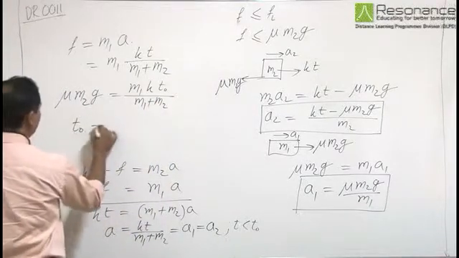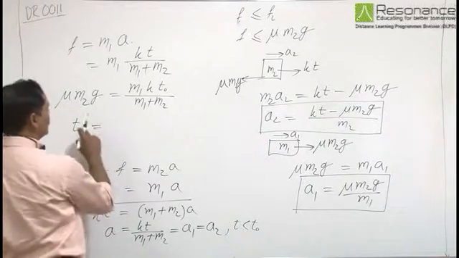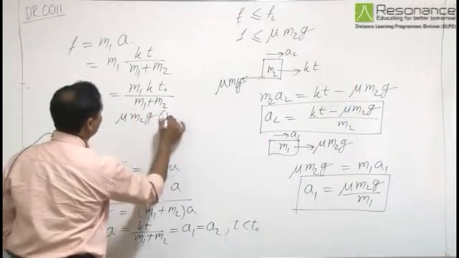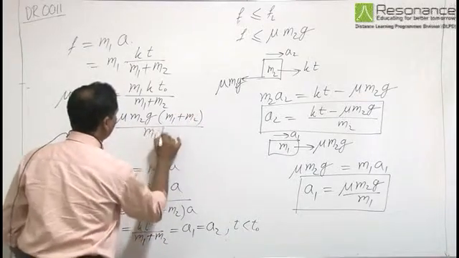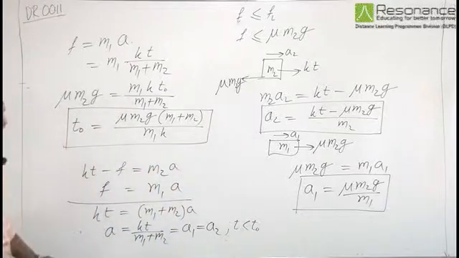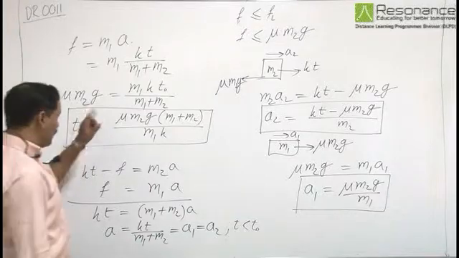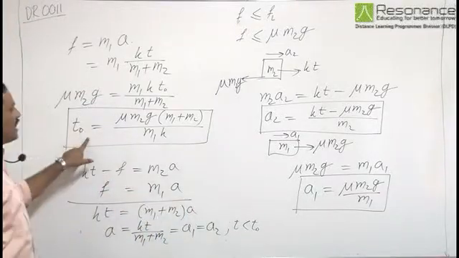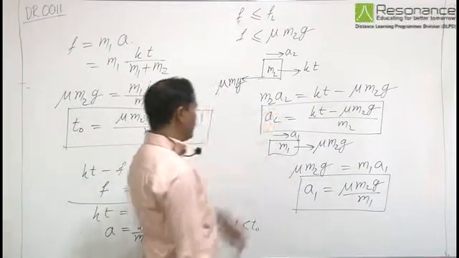So the time when friction has just reached the limiting value is t0 equal to mu m2 g (m1 plus m2) by m1 k. From here we can conclude that the plank and the bar have the same acceleration before this time, and after this time their accelerations are different.